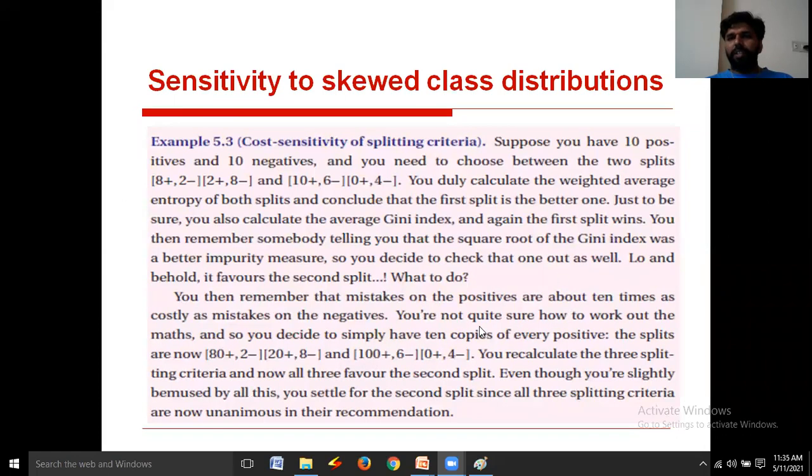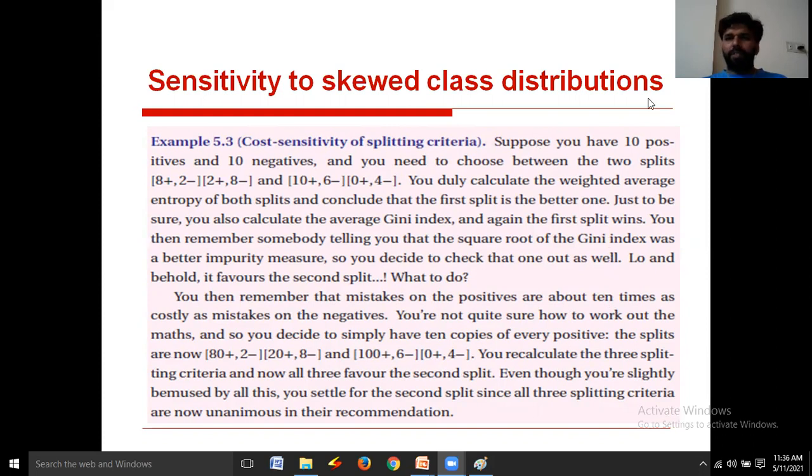While distributing the class, we are using impurity measures. While working with impurity measures, entropy and Gini index are sensitive measures. So it affects the real world data. You better don't go for these 2 while working with class distribution.